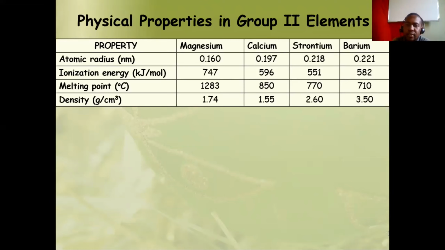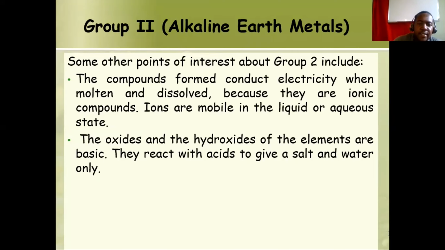All right, other things to note: the compounds formed conduct electricity when molten and dissolved because they are ionic compounds. That's saying that when group 2 elements react with nonmetals, they form ionic compounds that will be able to conduct electricity. The oxides and hydroxides of group 2 elements are basic, so they are bases.